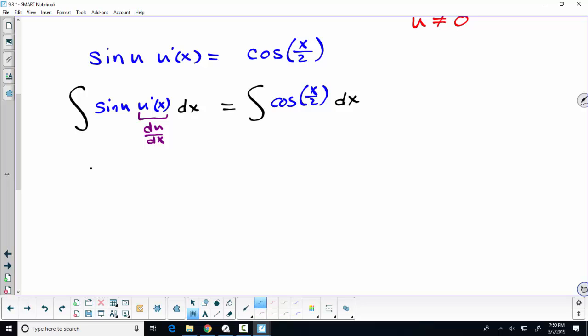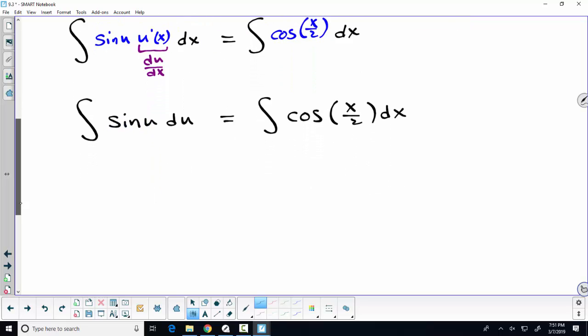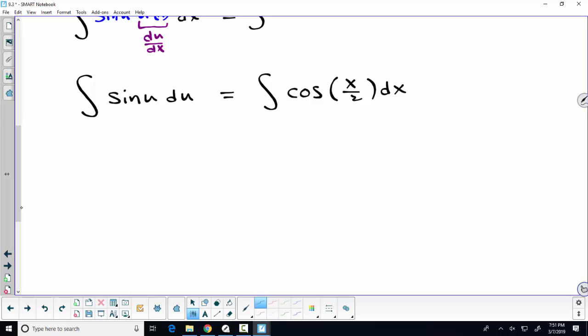So the integral on the left is just the integral of sine u with respect to u, equals the integral of cosine of x over 2 dx. Then antiderivatives here will give us our implicit solution. Negative cosine of u equals, what's the antiderivative of cosine of x over 2? 2 sine of x over 2. Right.